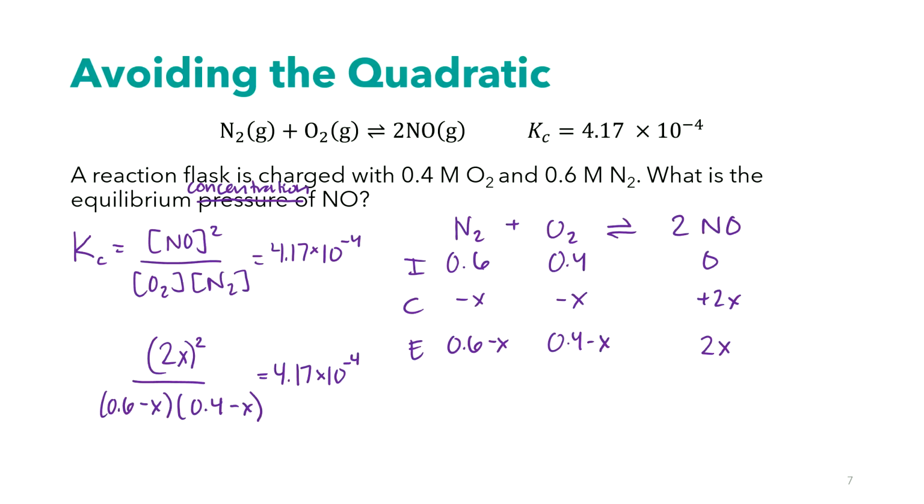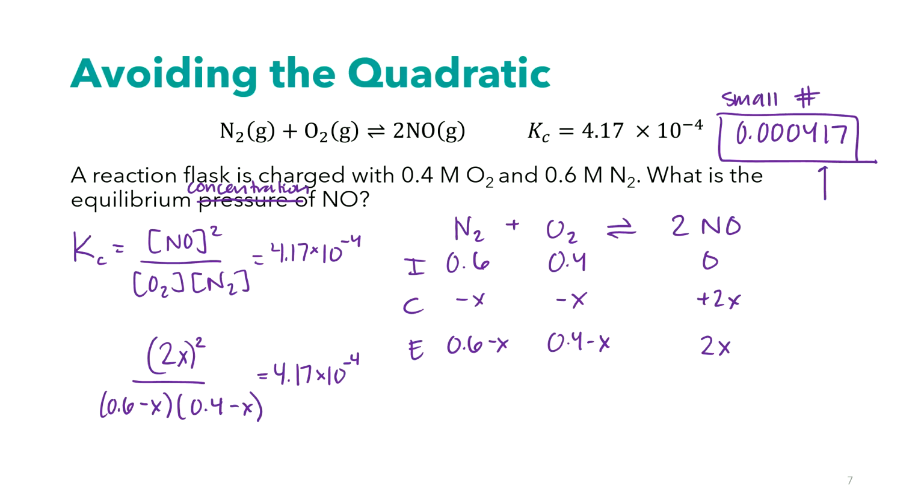All right, and this is not a math trick, this is an assumption. All right? When I look at that KC value, I see that it is very small. Right? So times 10 to the negative 4. So 0.000417. This is a small number. How can I interpret that?